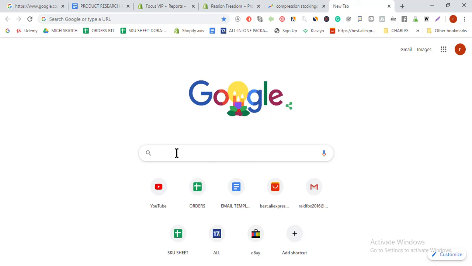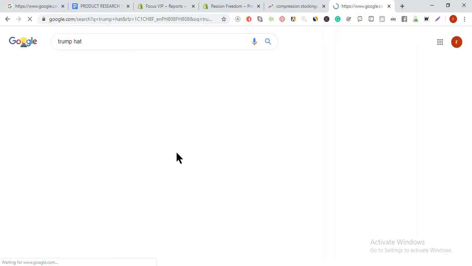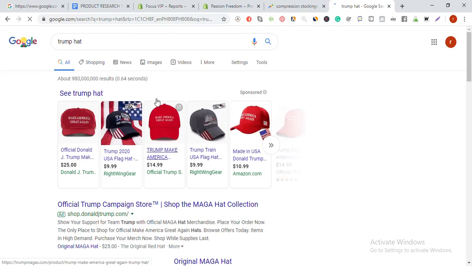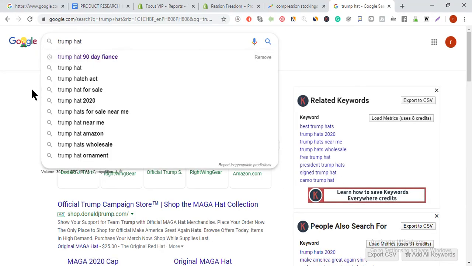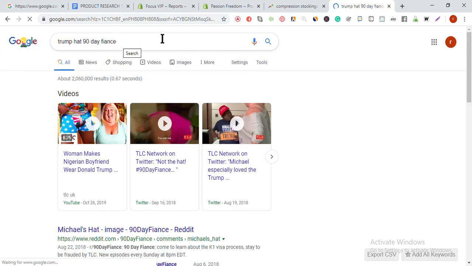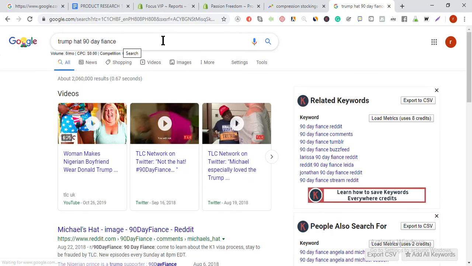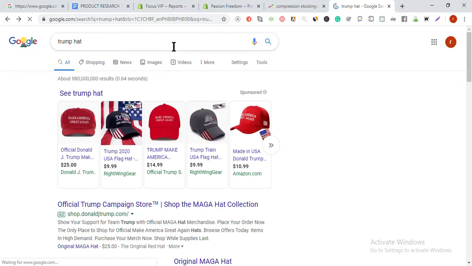So let's say here, a Trump hat, right? If you're going to use this keyword, it might be too low because it's too specific. Oh wow, I didn't know that there's such a keyword. But it's 0. Nope, we're not going to do that.